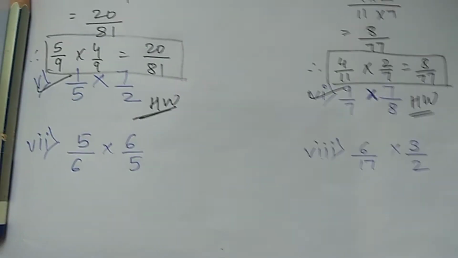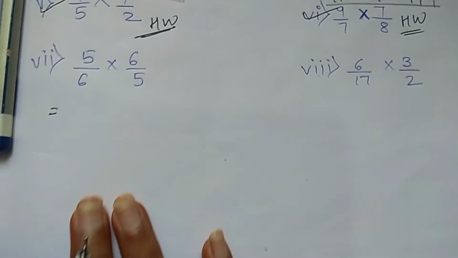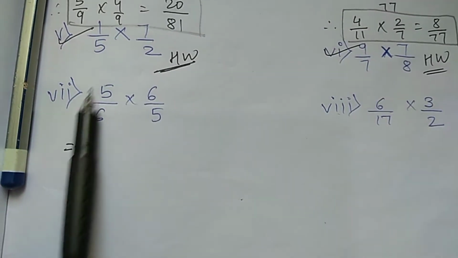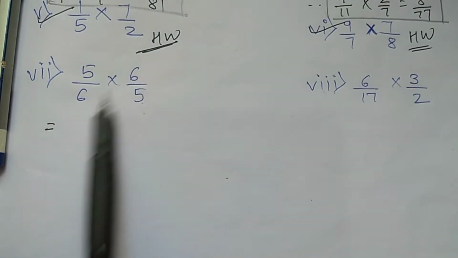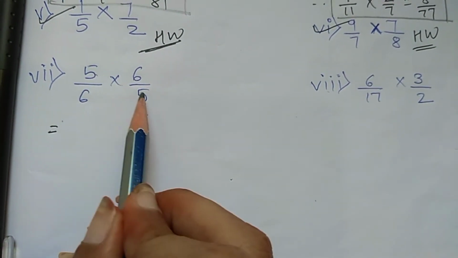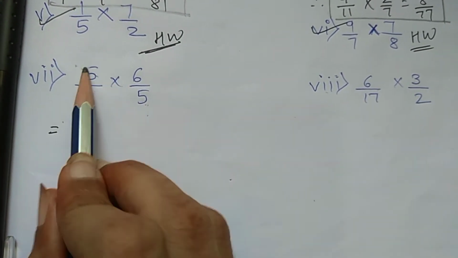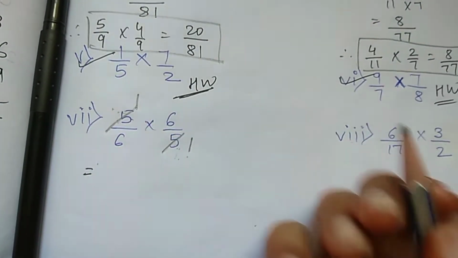Sum number 7. Now see, I said that we had to check whether it can be reduced or not. So 5 upon 6 and 6 upon 5 cannot be reduced. But once we see crossways, see 5 upon 5. Can you see this? When numerator and denominator are the same, 5 ones are 5, 5 ones are 5.